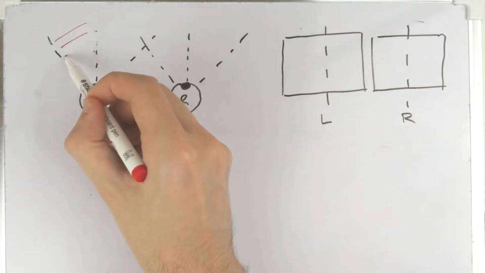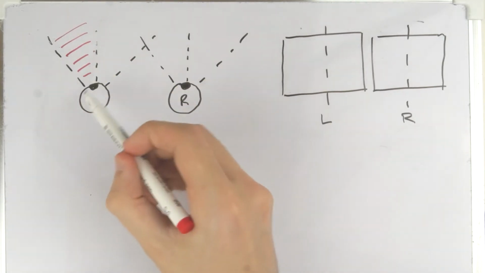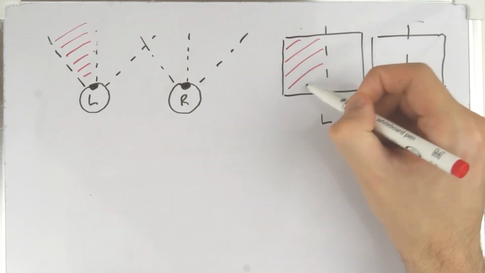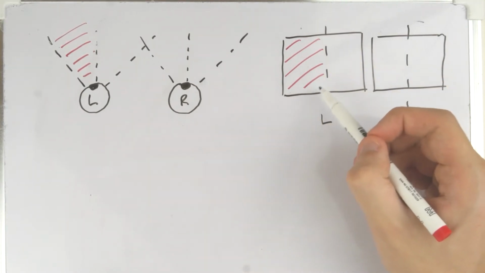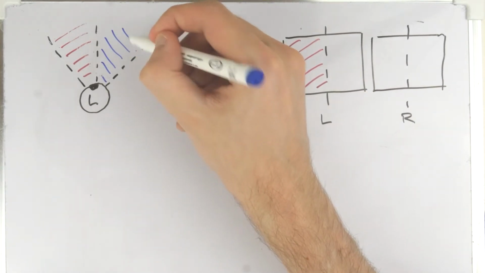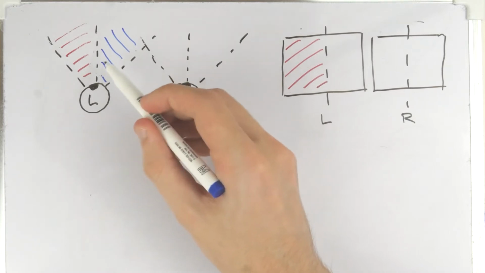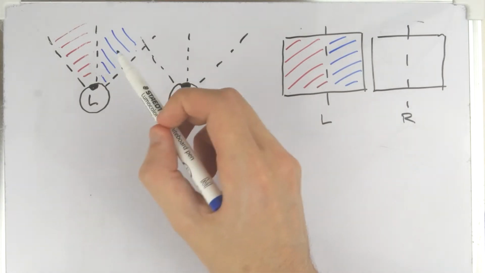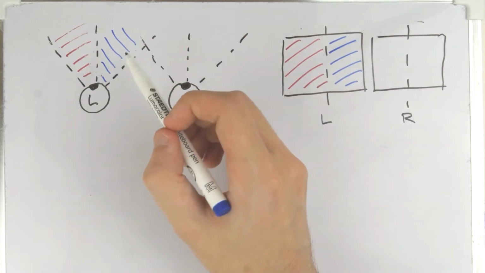So we're going to colour in the things that are to the left of your left eye in red, and this square here is what your left eye sees, if you imagine that. And sticking with the left eye, we're going to colour the other half of the field of vision of your left eye in blue. And these are what we call the two visual fields of the left eye.